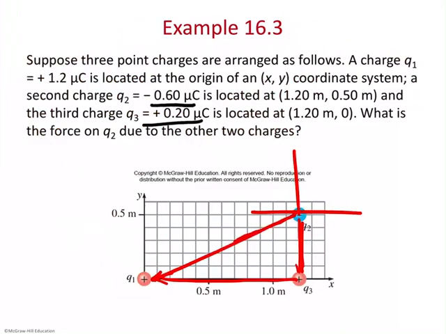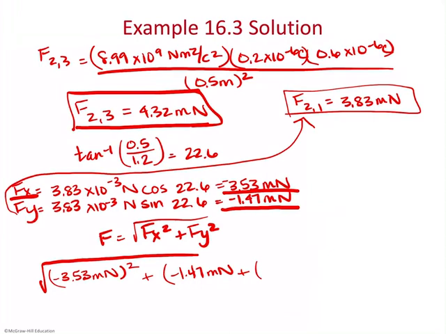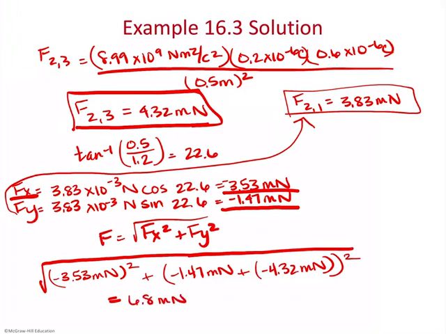Now, going back to our picture really quick, if this was our origin right here, this is down, right? This guy is looking down, or it's pulling down. So that's a negative y. Okay, so you've got plus negative 4.32 millinewtons. All right. And that's also squared. So when you do the math of that, you should get 6.8 millinewtons.